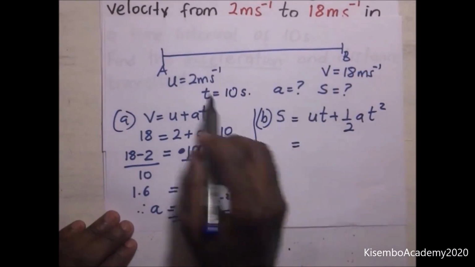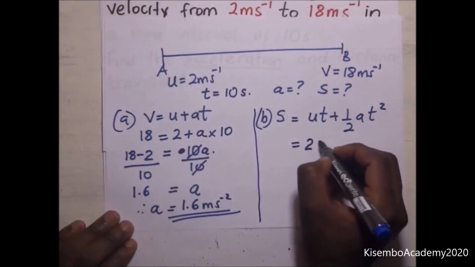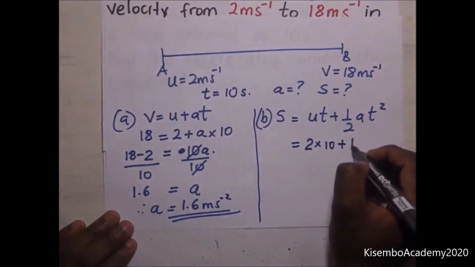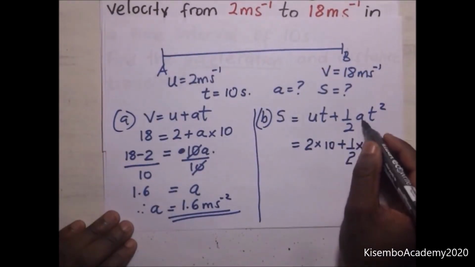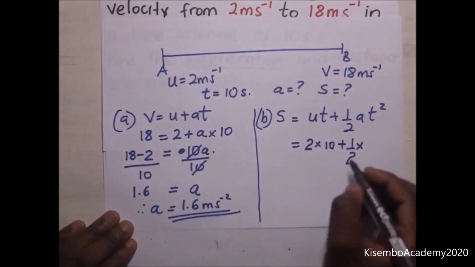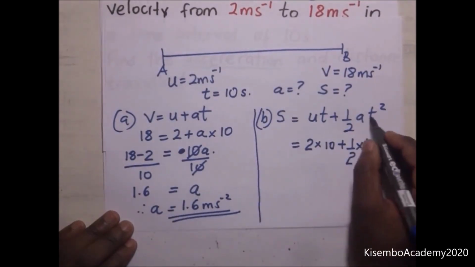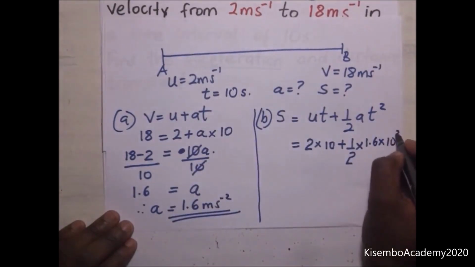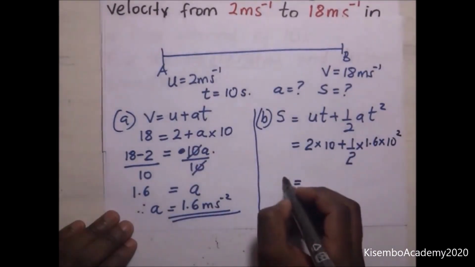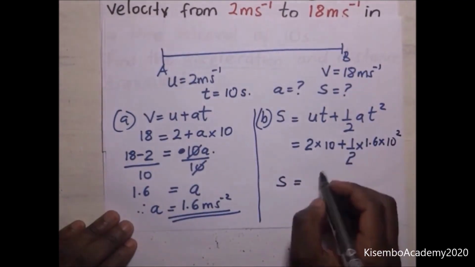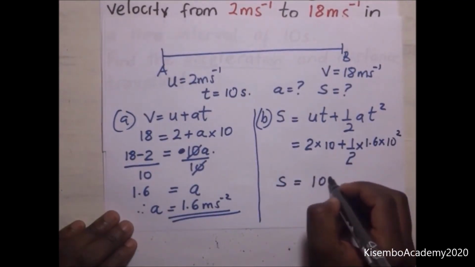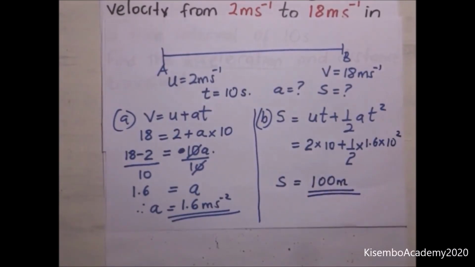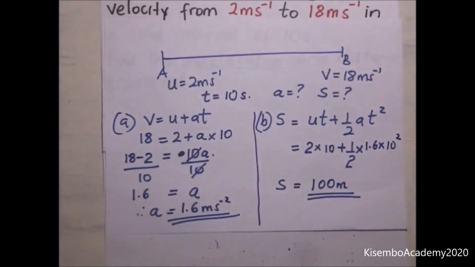Our initial velocity u is 2 meters per second, so it is 2 times our value of t, which is 10, plus a half times our acceleration, which we got here as 1.6, times t squared, 10 squared is 100. When you sum all this up, you get 100 meters, and that is our distance traveled from A to B.